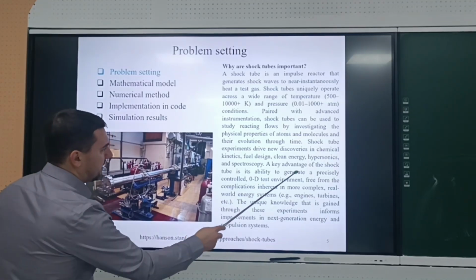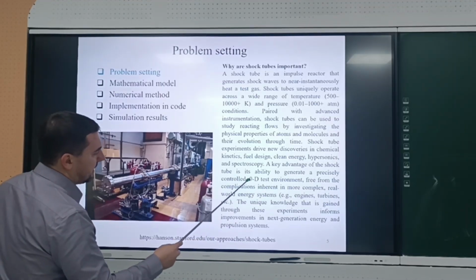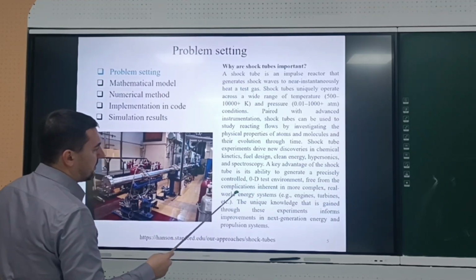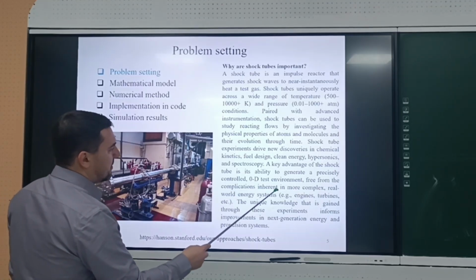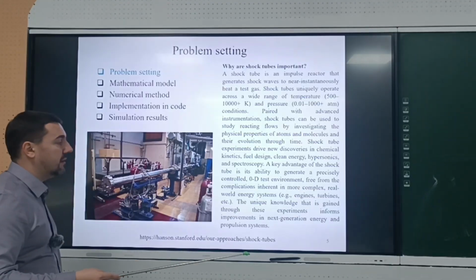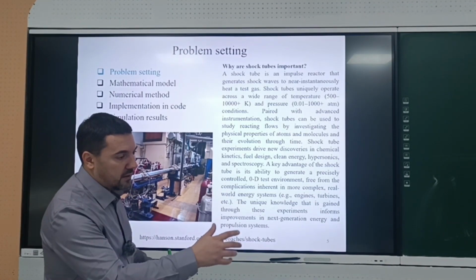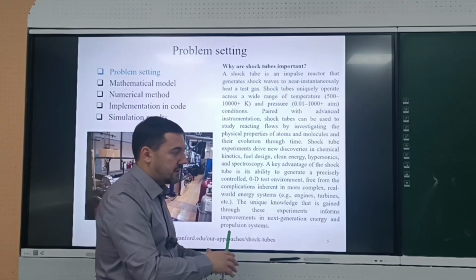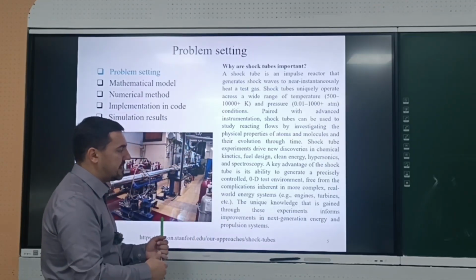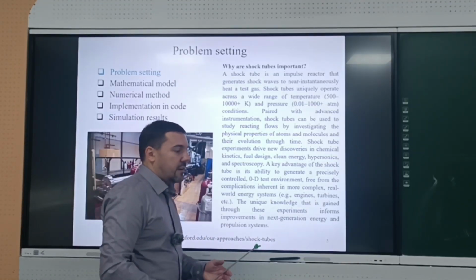What is important? A key advantage of the shock tube is its ability to generate a precisely controlled 0D test environment, free from the complications inherent in more complex real-world energy systems, such as engines, turbines, and so on. So what does it mean? For example, you want to know how to compute chemical flows with chemical reactions in real devices such as engines, turbines. How can we do that?